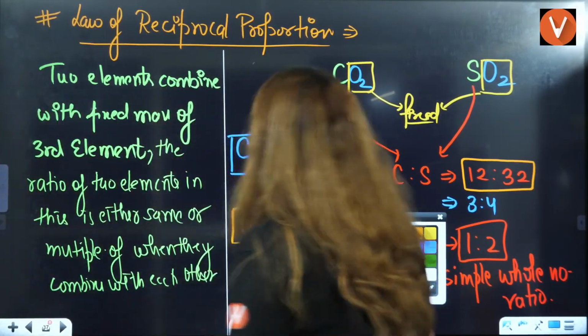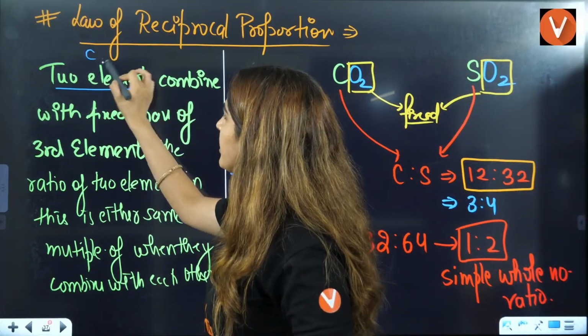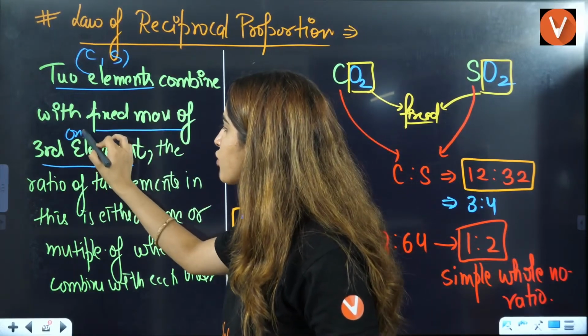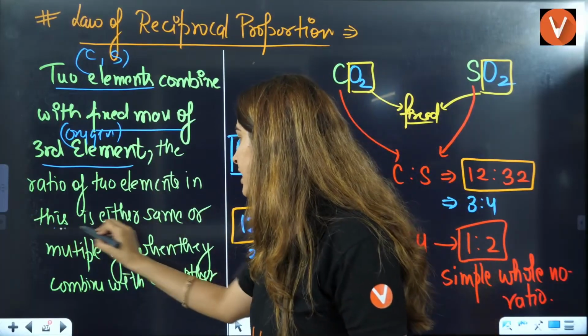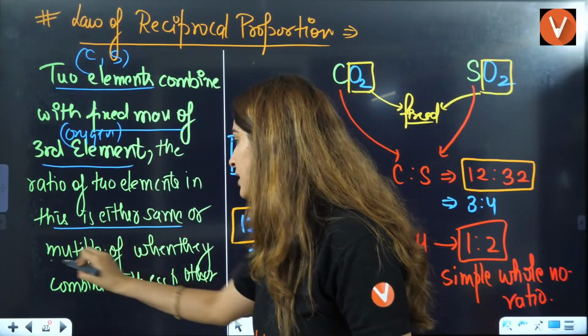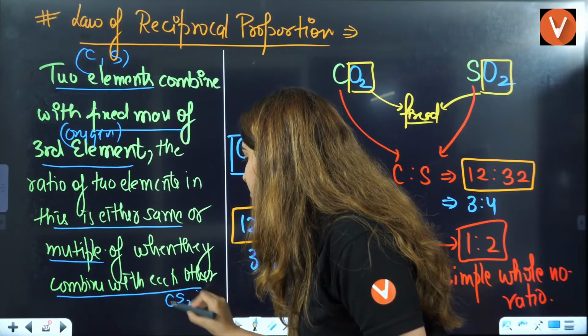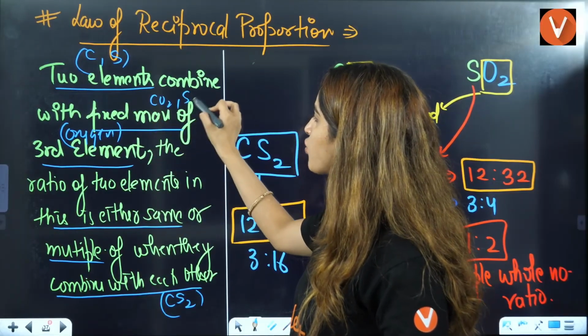Okay. So here I can also give you that what I am telling you here. Two elements I am taking, carbon and sulfur. Fixed mass of third element I am taking as oxygen, right? So when the ratio of two elements in which they are either same or multiple, or when they combine with each other, that means when they are forming CS2. Here they are making CO2 and SO2, right?